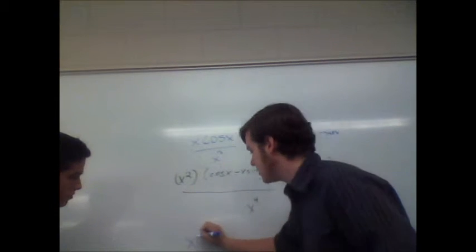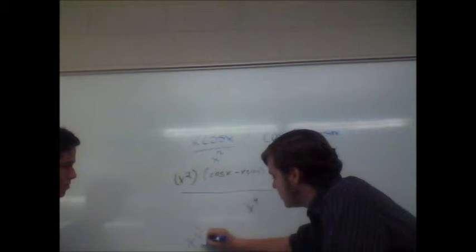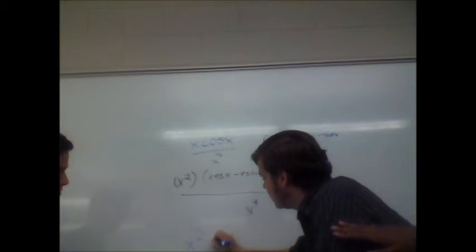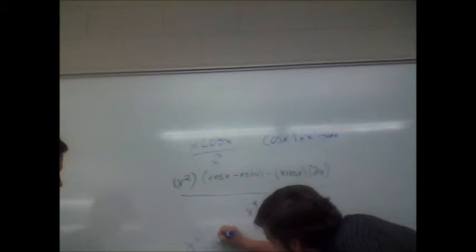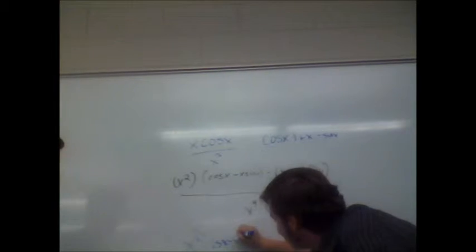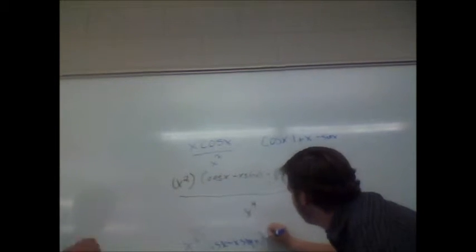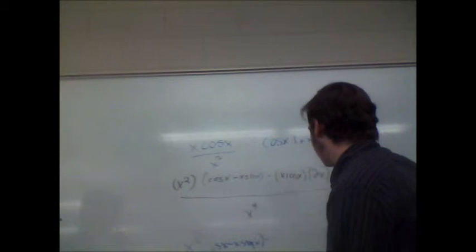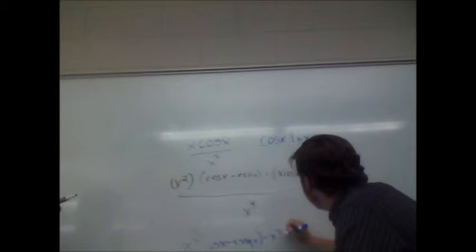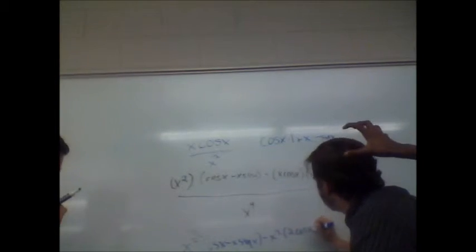We're going to go ahead and leave the x squared over here, because that's coming out in a second, and then you still have cosine. This is working perfectly. Cosine x minus x sine x, minus, and then you distribute the x, but we're going to go ahead and take the x squared out on this side as well. So it's x squared times 2 cosine x.